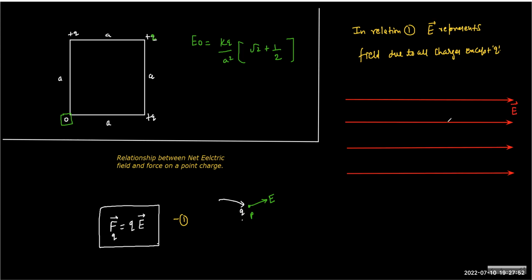Who must have created it? Can you guess? The answer is pretty simple. It is being created by some charge distribution which is invisible to us. So we should not be bothered about who has created it. Some sort of distribution has created it, and it doesn't matter.